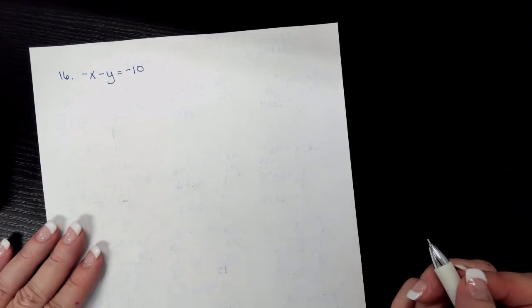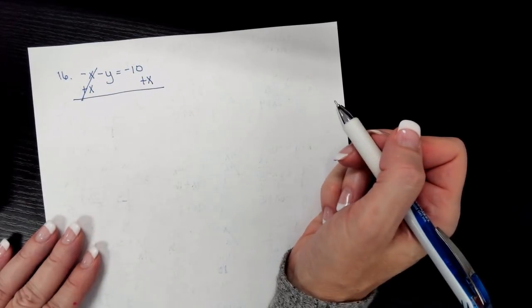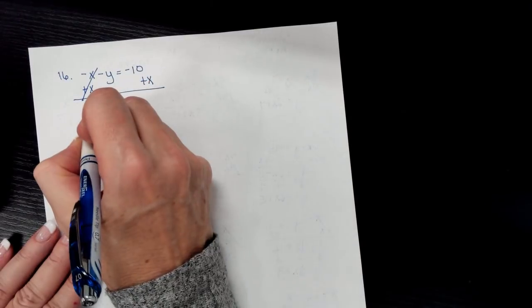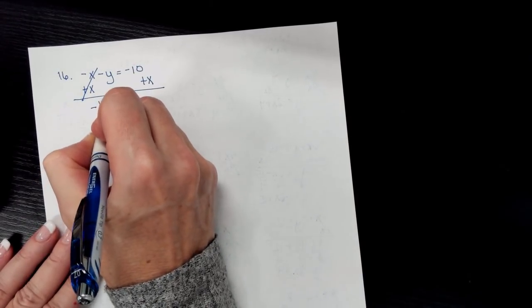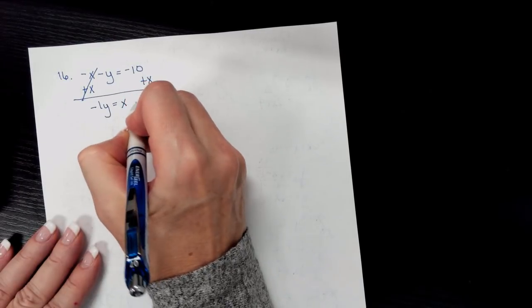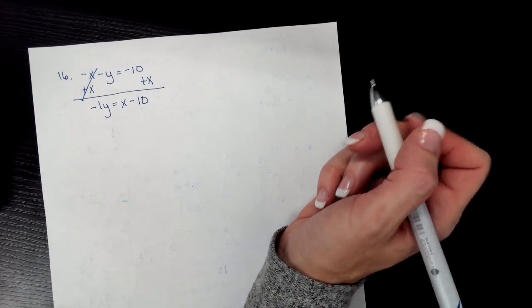You're still getting y by itself, so I'm taking care of the x. So if I've got negative x, I'm going to add x. So even if I don't have a lot of numbers, I still have to go through the same steps. All right, I have negative y, so don't forget. Let's write that down as negative 1y. And then I've got x minus 10. Okay. And then I've got to get rid of that negative 1.